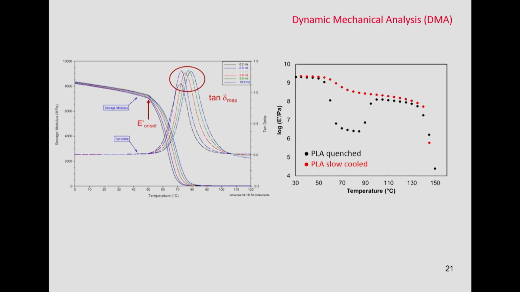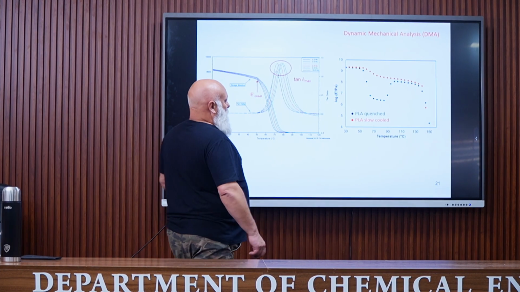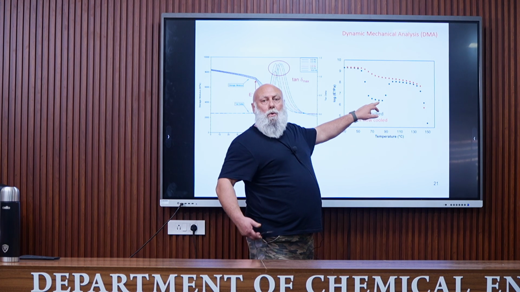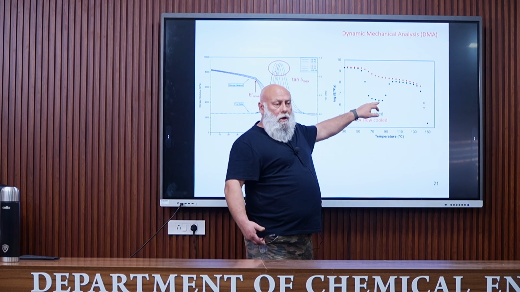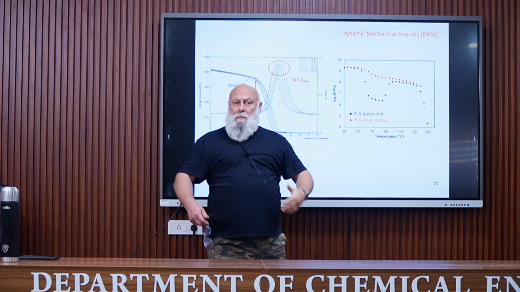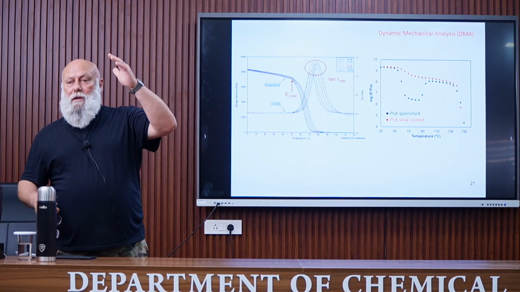Now for the quenched sample, we have a stronger or sharper modulus drop associated to Tg, a lower rubbery plateau, which is associated to a lower degree of crystallinity, but at a given temperature, the material can crystallize and the modulus increases.